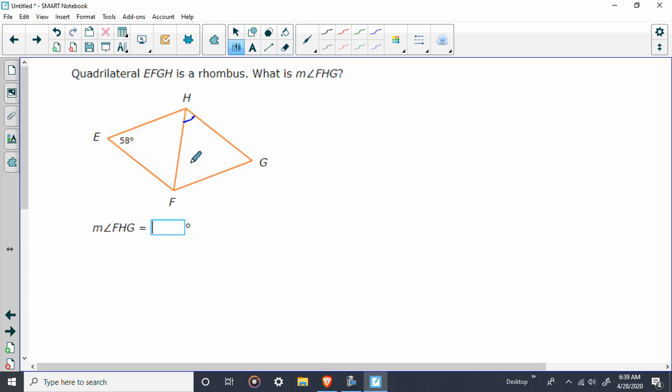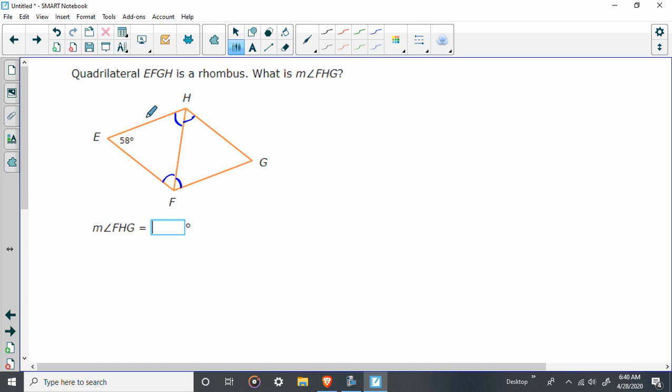Well, some things we know. We know that that angle is the same as this angle, right? That the diagonals bisect one another. That you had first from a parallelogram that your opposite angles were congruent, and then a rhombus takes this step further, right? So in fact, we can find any of these, okay? But you guys also know that this is an isosceles triangle over here, and this is an isosceles triangle over here.